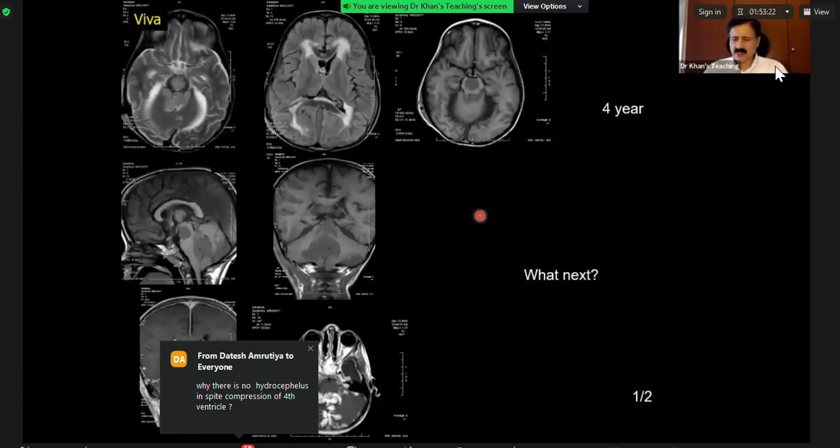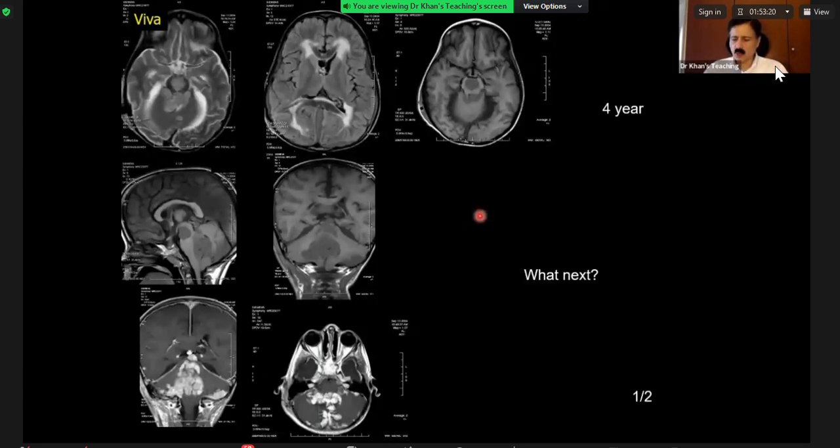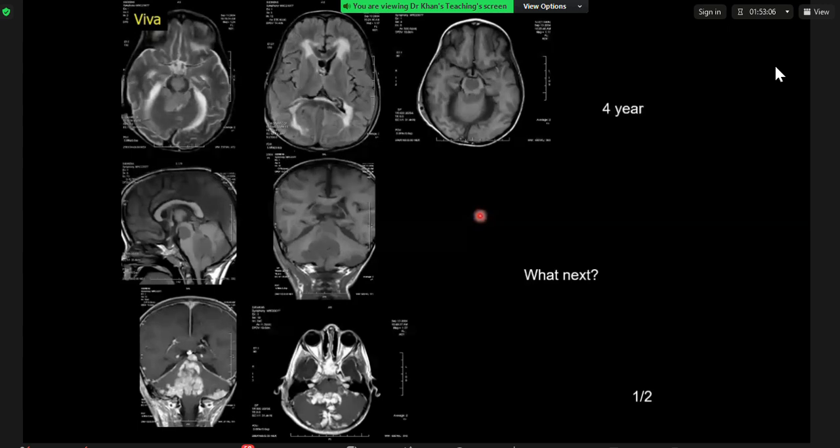Now, can I ask you, what is the bookish differential diagnosis of posterior fossa tumors in a child? Pontine glioma, medulloblastoma, and a pilocytic astrocytoma.